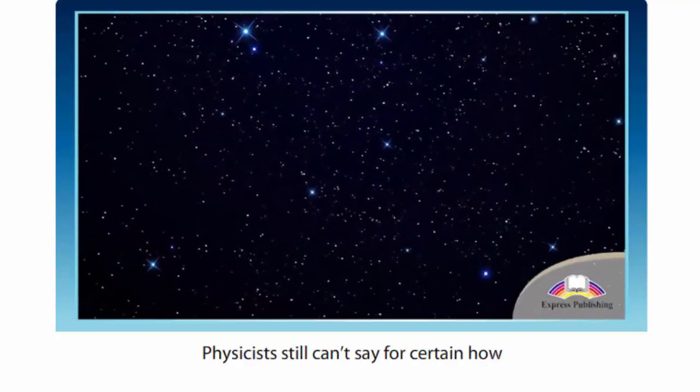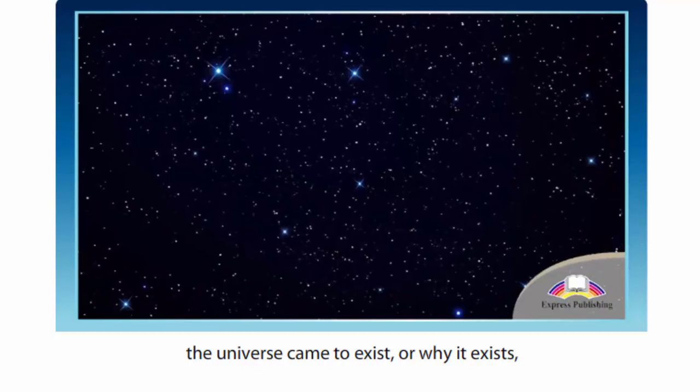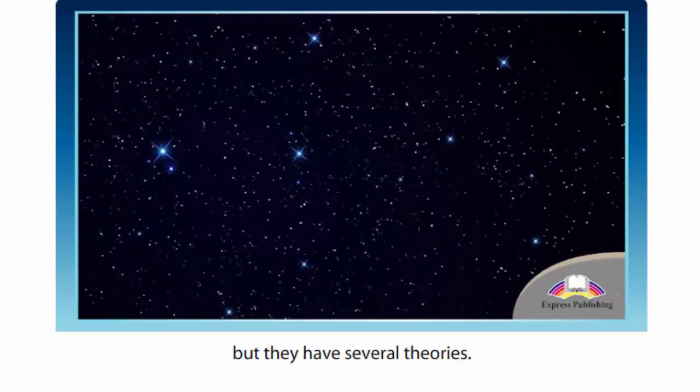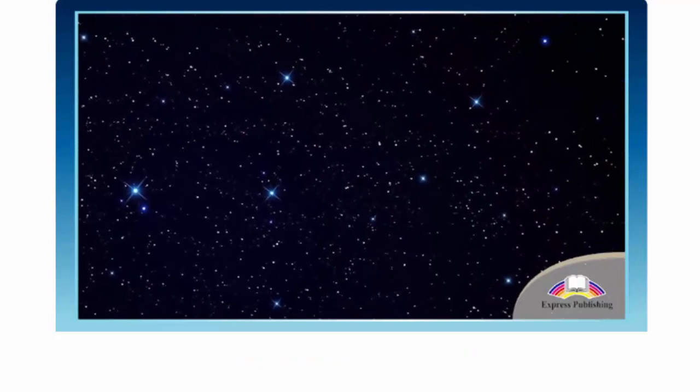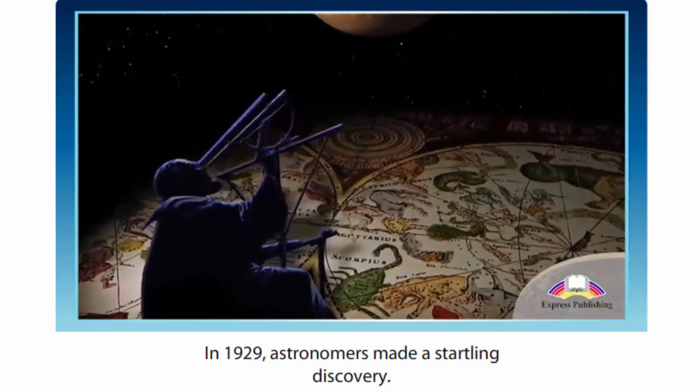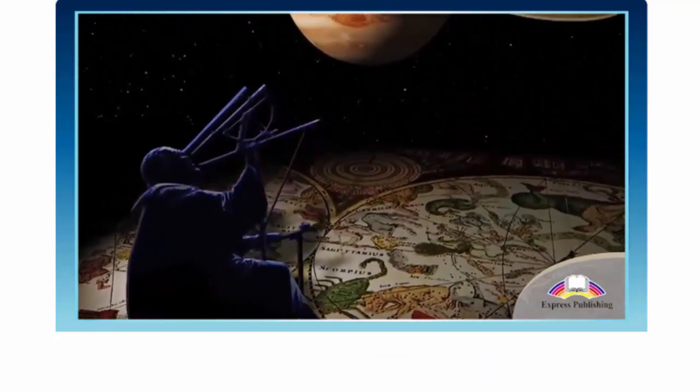Physicists still can't say for certain how the universe came to exist, or why it exists, but they have several theories. In 1929, astronomers made a startling discovery.